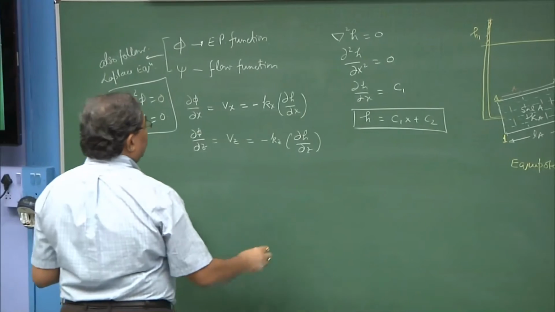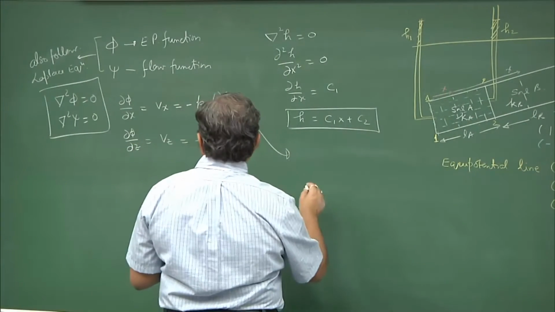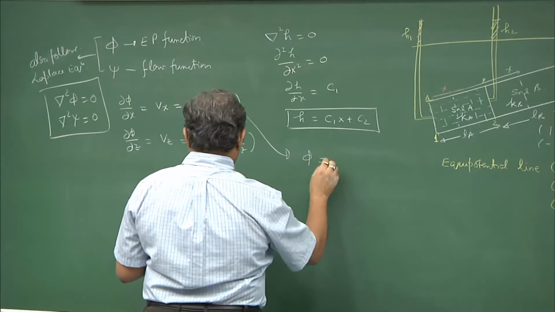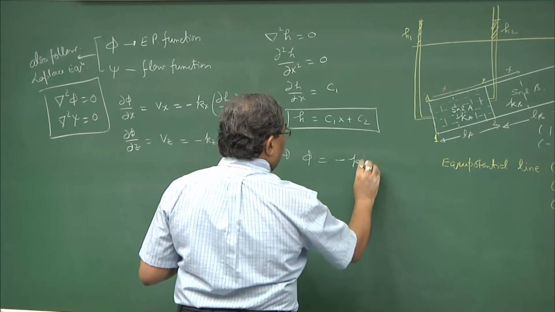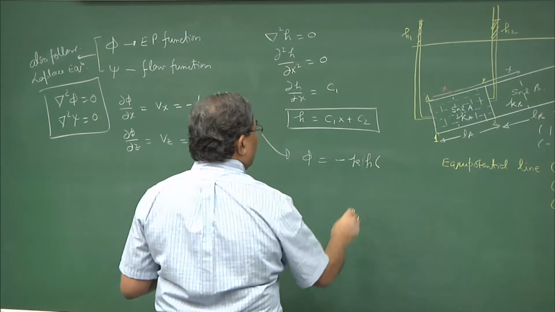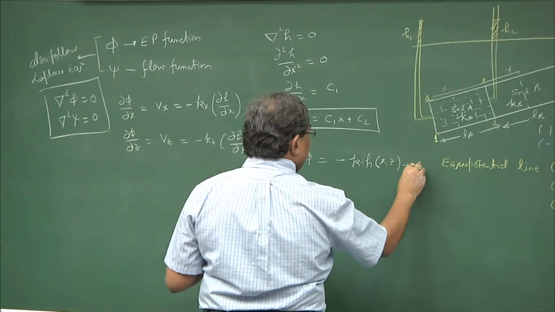Now, if I solve this expression, this will give me phi equal to minus k h as a function of x and z plus c.